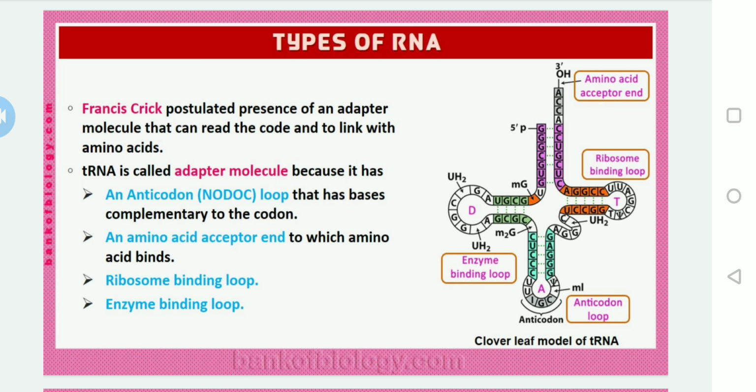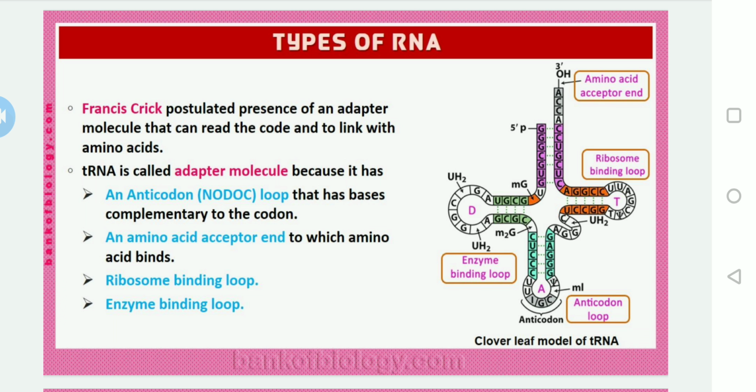When we start the discussion of tRNA, it is the molecule that transfers amino acids to the site of protein synthesis, into the ribosome during protein synthesis, hence the name adapter.